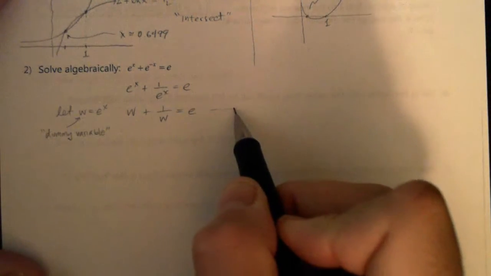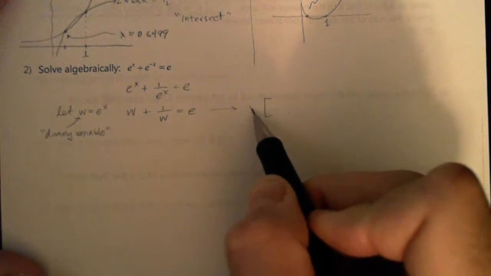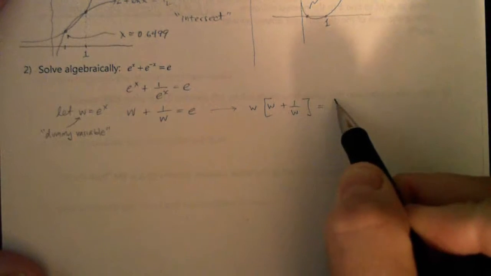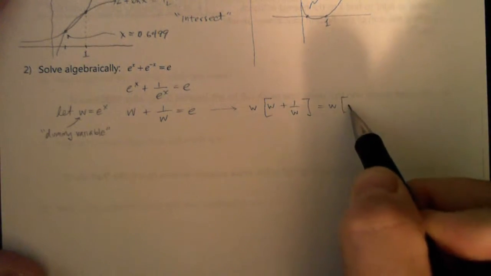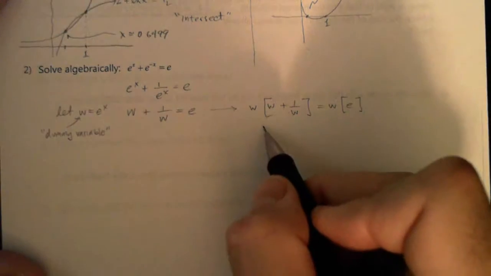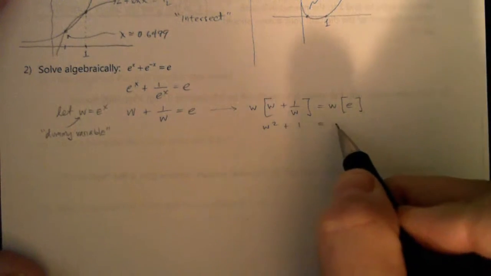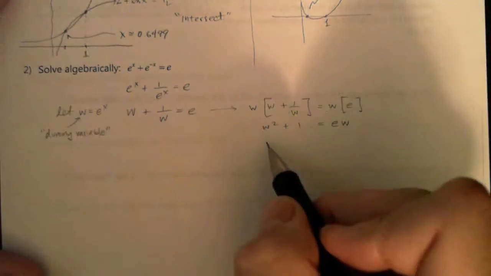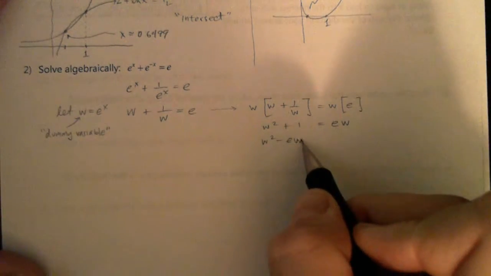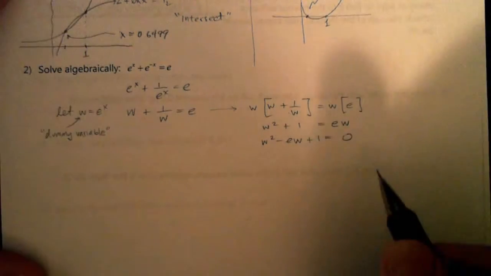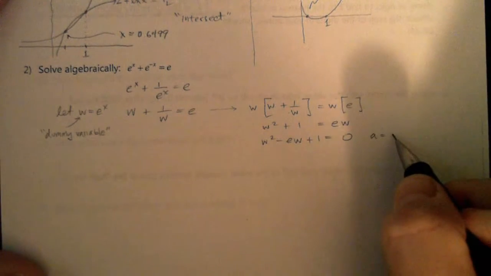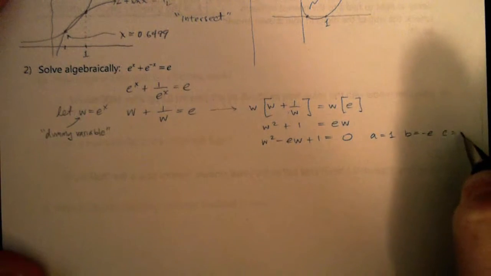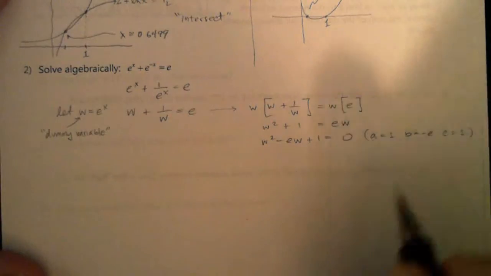And so for this guy, I'm going to multiply both sides by the only denominator, which is w. And remember that e is just a number, so we get w squared plus 1 is ew, if we write the coefficient first. In standard form, we get a quadratic equation whose coefficients are 1, minus e, and positive 1.